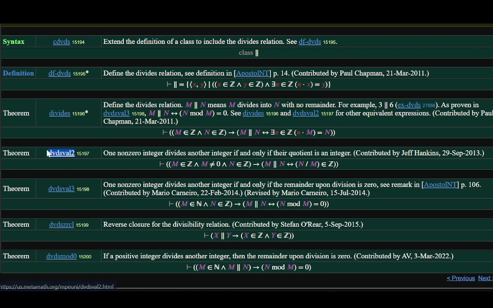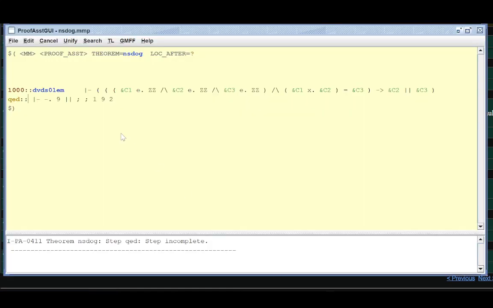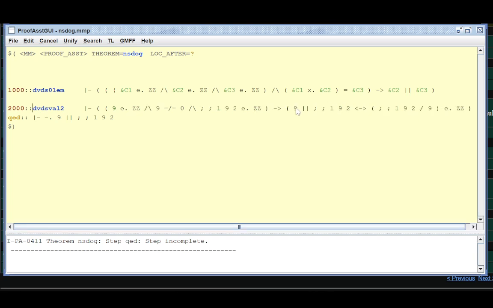I'm going to try this. dvds val 2. Okay, let's see what we can do. Right, so I am saying 9 divides 192 if and only if 192 divided by 9 is an integer, right?